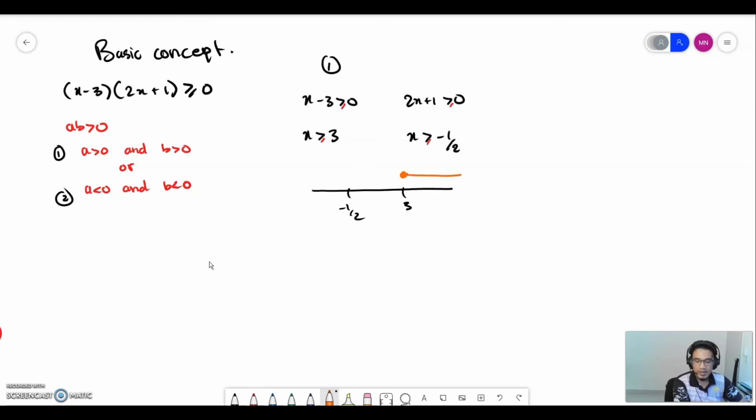And then x goes to the region that is bigger than negative 1 over 2. So the relationship between x bigger than 3 and x bigger than negative 1 over 2, we refer from here. The theorem said the relationship is AND, so with this symbol, it wants a region that intersects. The region that intersects is this region. Okay, so we have done the first part.